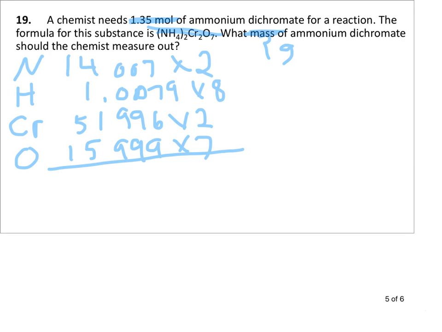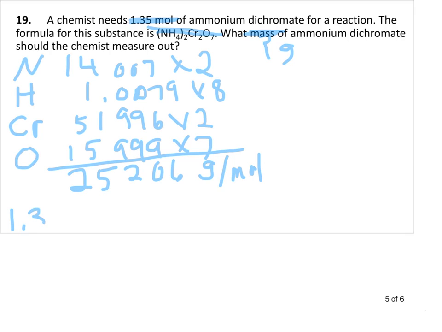We will be looking at some problems later where you're going to need each of these individual multiplications to do what we call percent by mass. I'm just going to multiply and add and do it all in one step on the calculator. And I find we got 252.06 grams per mole.